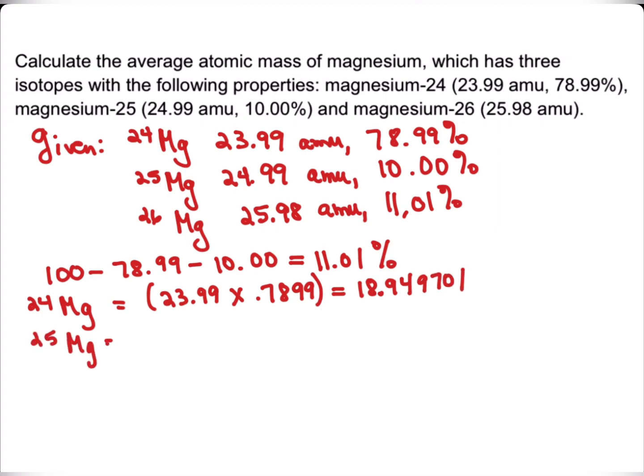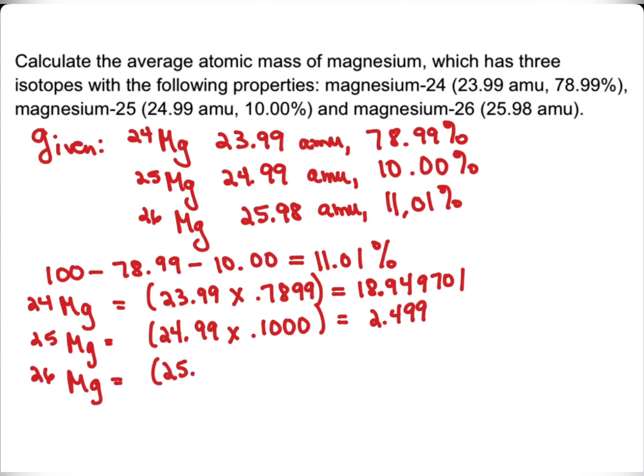Magnesium 25, 24.99 times 10% is really 0.1000. When I put that in the calculator, I get 2.499. Magnesium 26 is 25.98 times, now I have the percent, I can move the decimal.